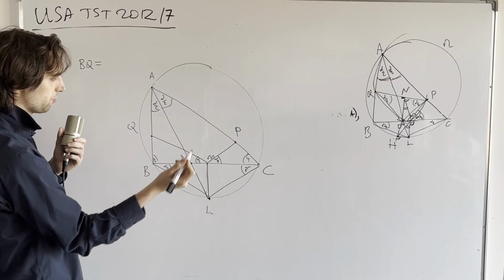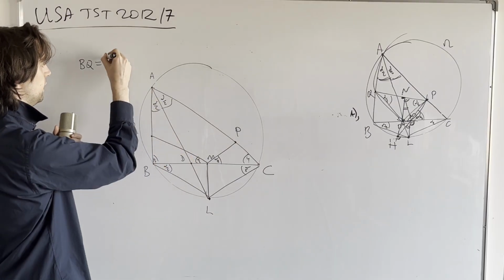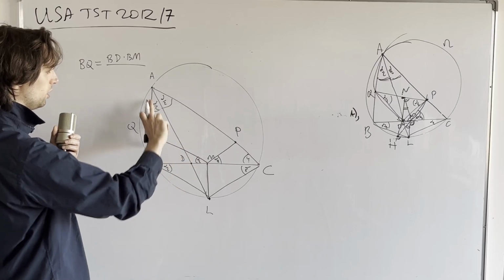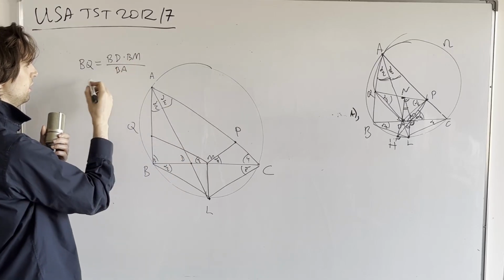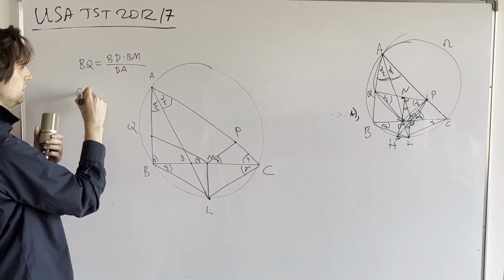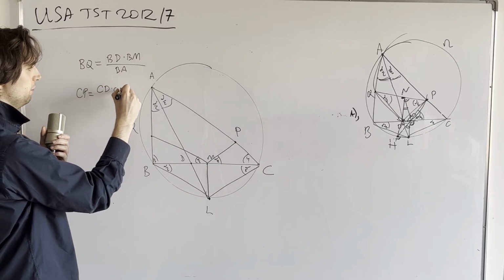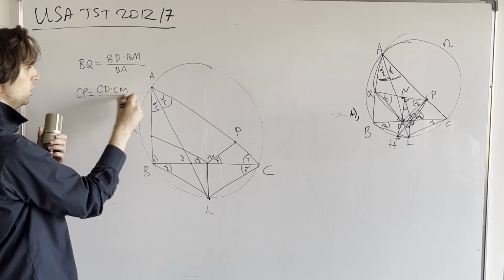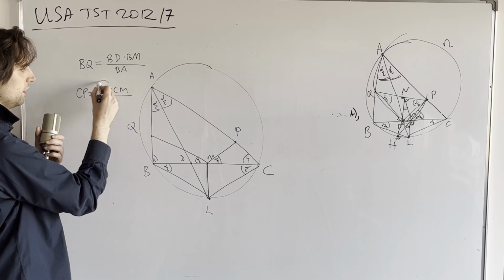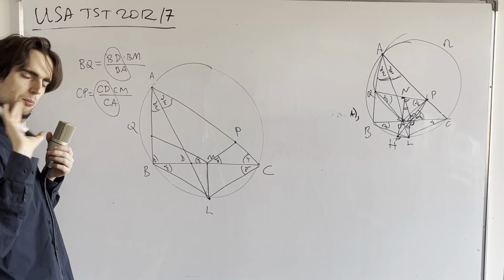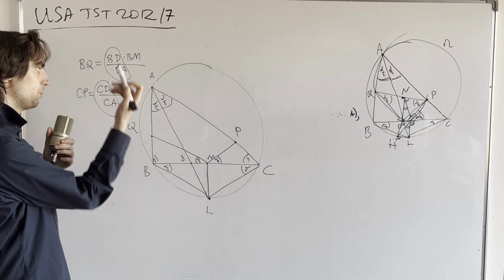So BQ is equal to BD times BM over BA. And on the other hand, I have CP is equal to CD times CN over CA. Now what is CD over CA and BD over BA? What's their relationship? They're equal.